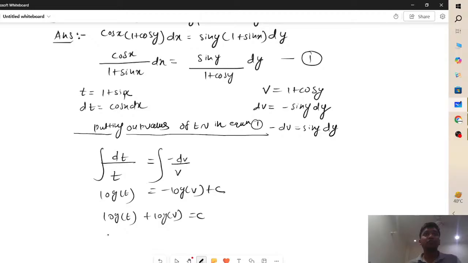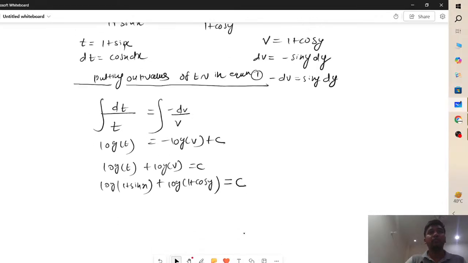Since the value of t is 1 plus sin x, log(1 + sin x) plus log(1 + cos y) equals c. And this is the general solution.